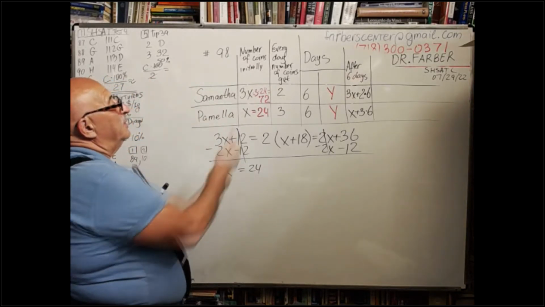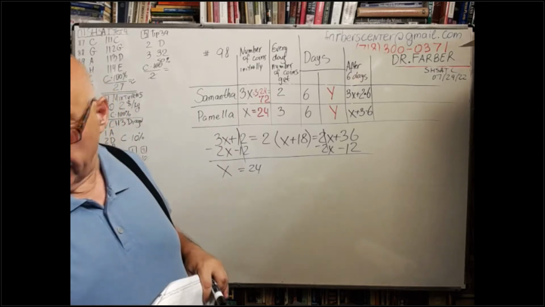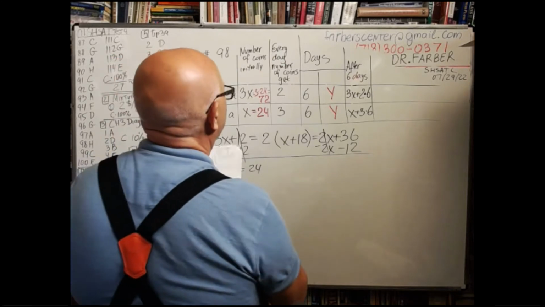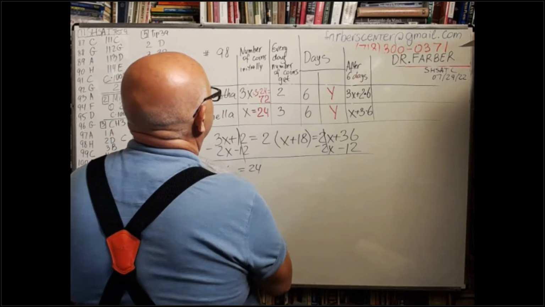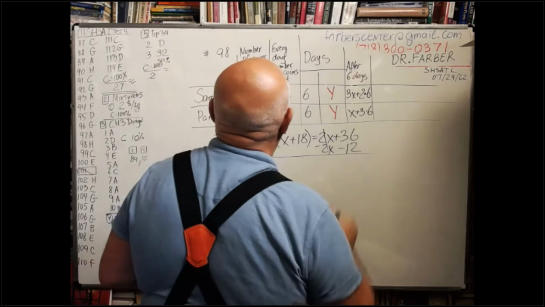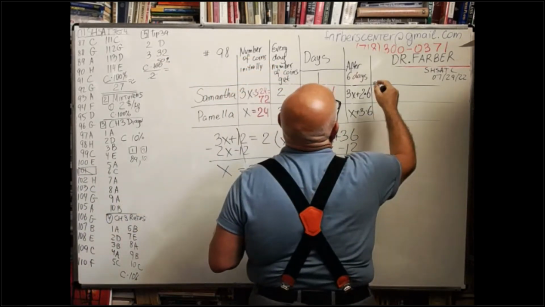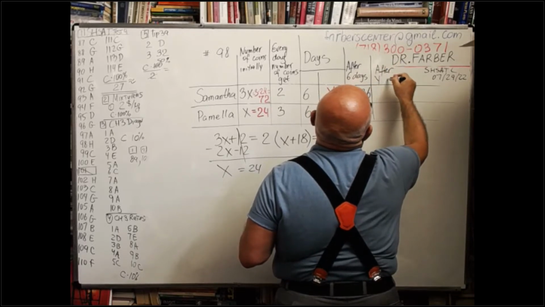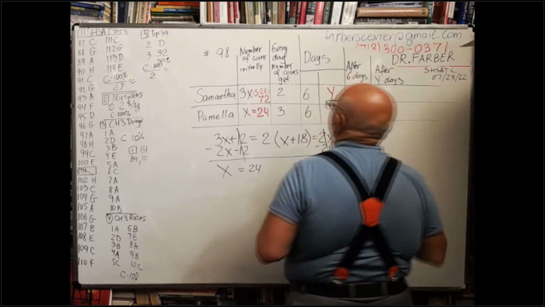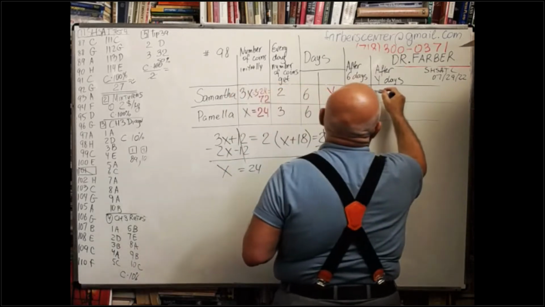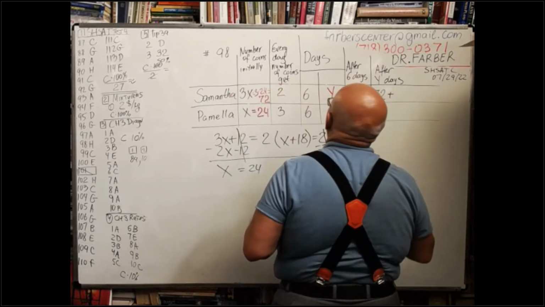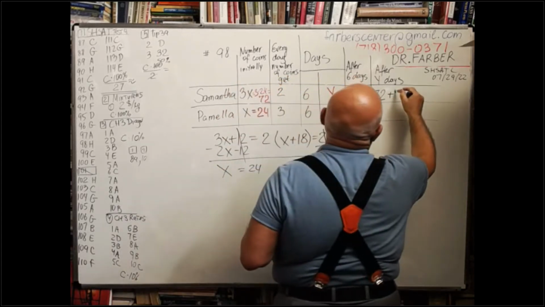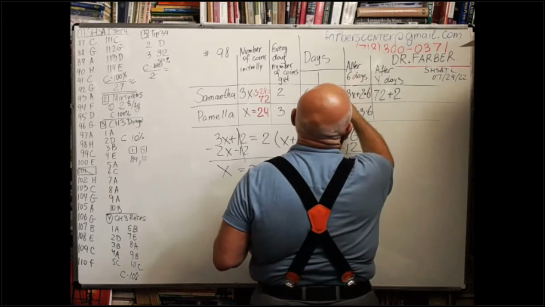Very often we split this column into 2 columns, and you can easily find that after y days, Samantha would have 72 plus every day she is getting 2, multiplied by the number of days y.